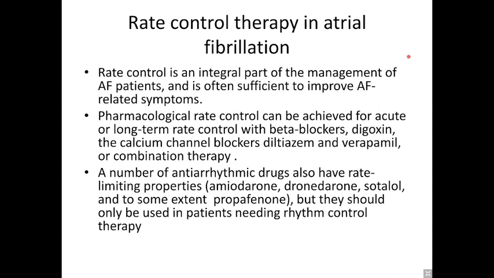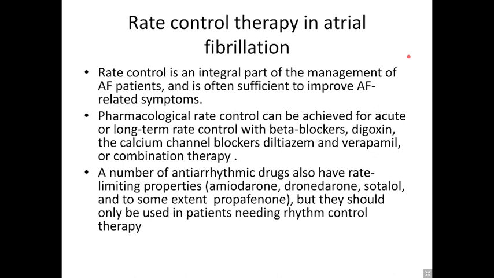Rate control is an integral part of the management of atrial fibrillation patients and often sufficient to improve atrial fibrillation-related symptoms. Pharmacological rate control can be achieved for acute or long-term rate control with beta blockers, digoxin, calcium channel blockers like diltiazem and verapamil, or sometimes maybe combination therapy.